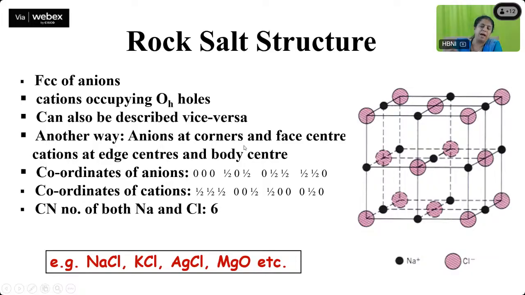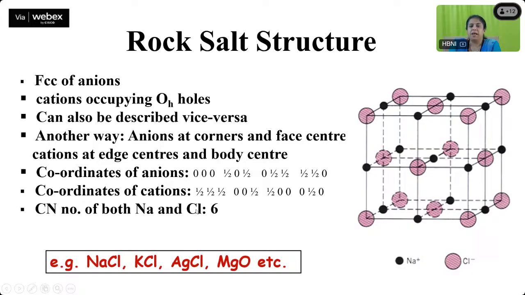If you listened to me in the previous few slides, I don't need to tell you the coordinates of an ion, which is the coordinate of the lattice point, 0, 0, 0, and 3 lattice points on the faces. What are the coordinates of cations? The octahedral holes. The one at the body center is half, half, half. The ones at the edge center are 0, 0, half; half, 0, 0; 0, half, 0.